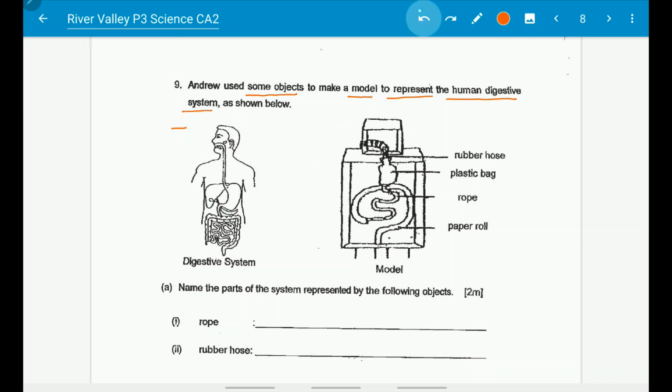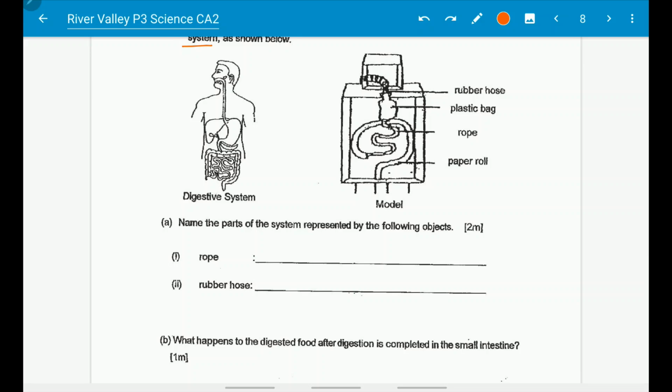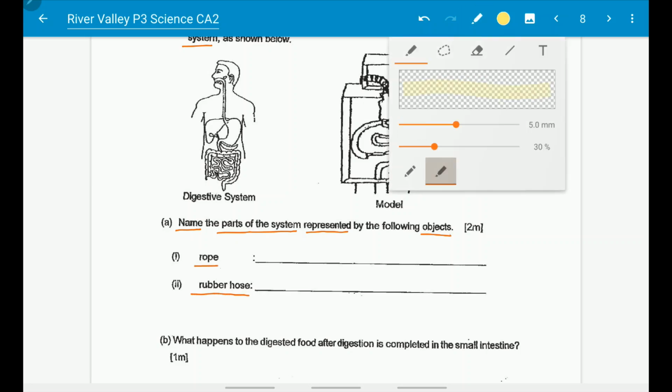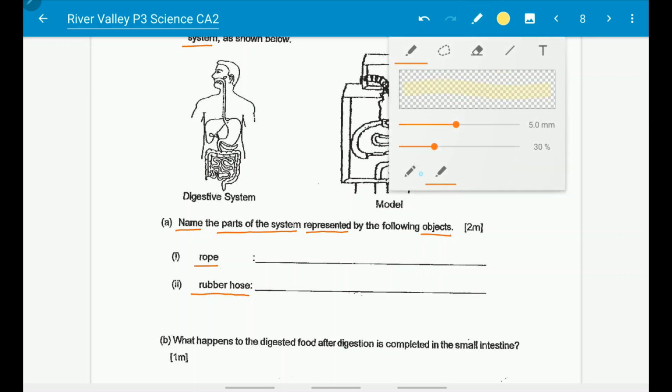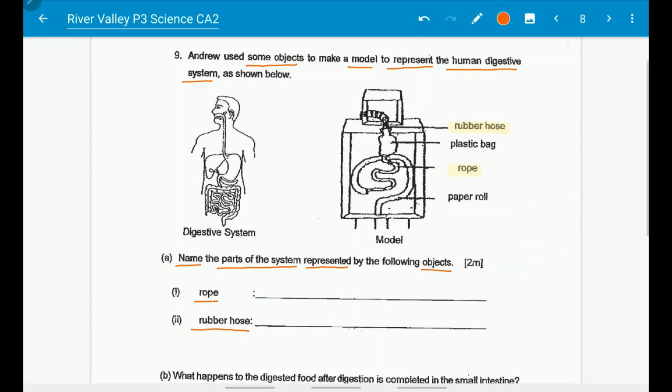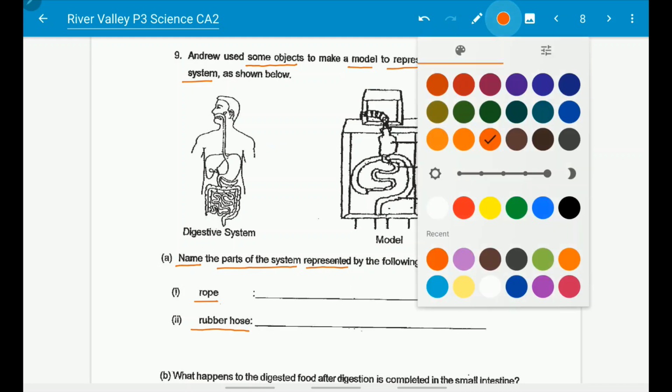Part A: name the parts of the system represented by these objects. So the rope and the rubber hose. Let's compare his model with the actual system on the left. That should make things a little bit easier.